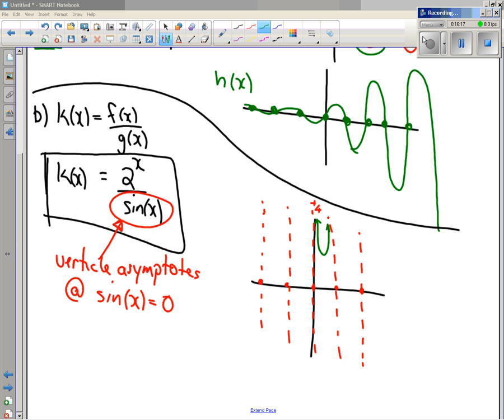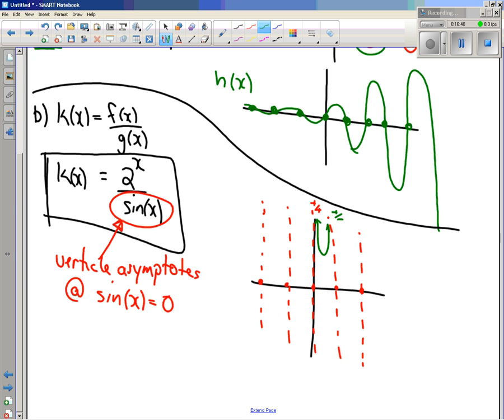So in our first section, both of them are positive. We're going to be dividing by a small positive number, which makes things go towards infinity. So those are all positive numbers, so this one's going to be going up. In our second section, our 2 to the x is still positive. Our sine x is going to be negative. So if we're dividing by a negative, it's going to go to negative infinity. So it's going to be opening down.